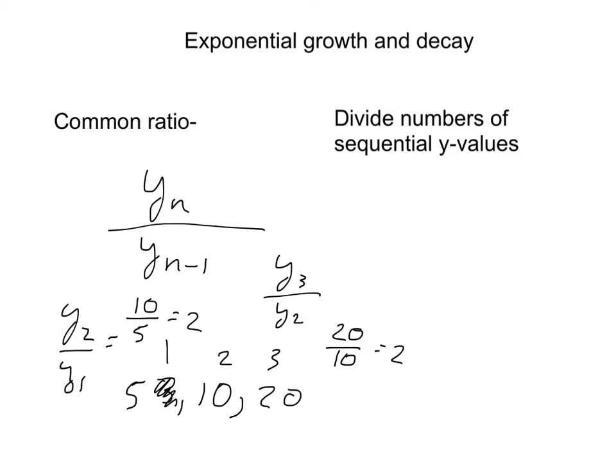Then these would both have the same common ratio of 2, and we could say, maybe this is exponential because it has the same common ratio. If all of the y values have a common ratio when you do y n divided by y n minus 1, then it's exponential. So you're dividing sequential y values.